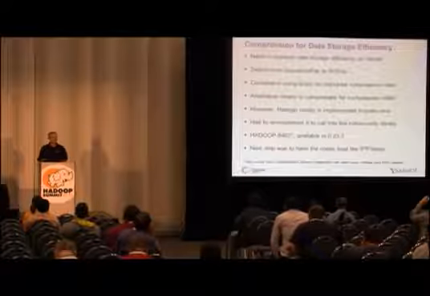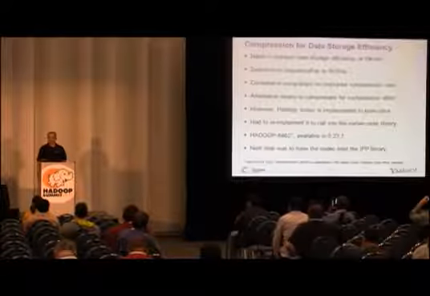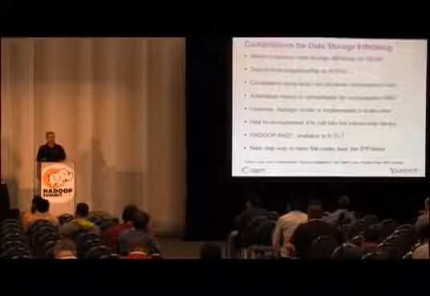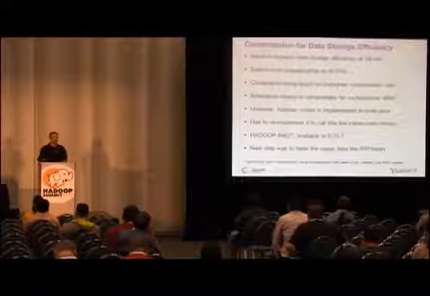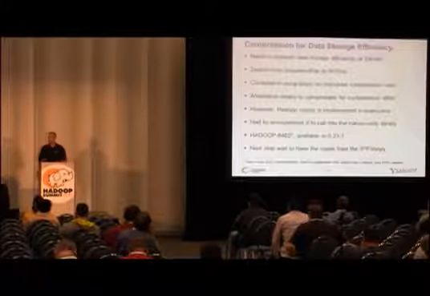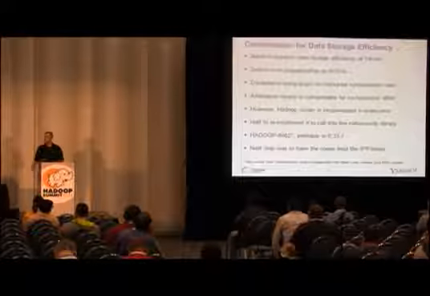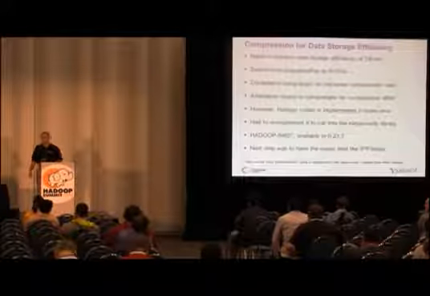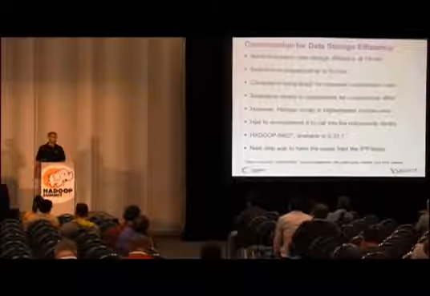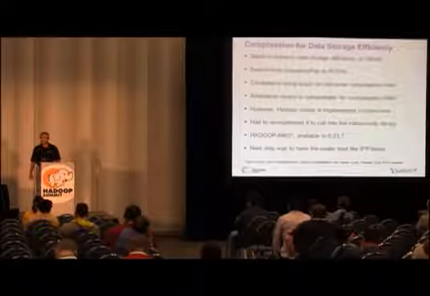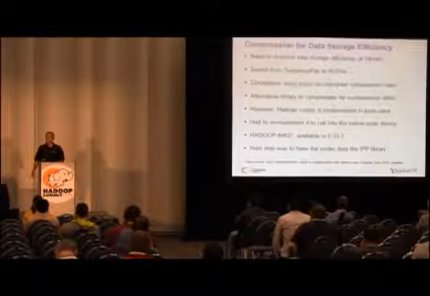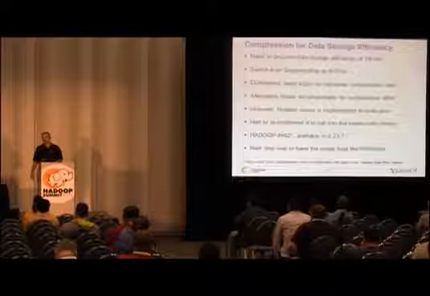Sumeet has just given an excellent exposition on the various aspects of data compression in Hadoop. Now, I'm going to talk about a compression issue we faced on our clusters having to do with data storage efficiency. As you're probably aware, Yahoo operates some of the largest Hadoop clusters around. We move petabytes of data around every day. A year ago, we noticed that we were running out of storage capacity on some of our clusters.